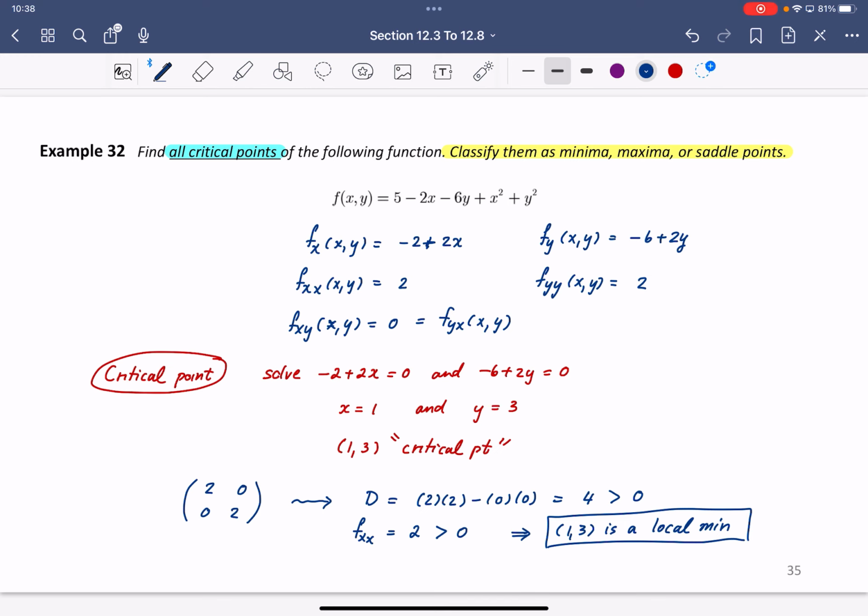Well, because the theory said that you take a look at the f_xx. You can view f_yy as well if you want to, but it's going to be a little bit different how to figure out local max and min by looking at f_yy.